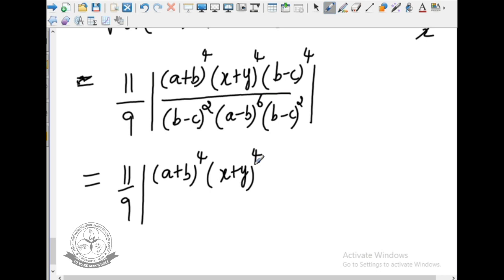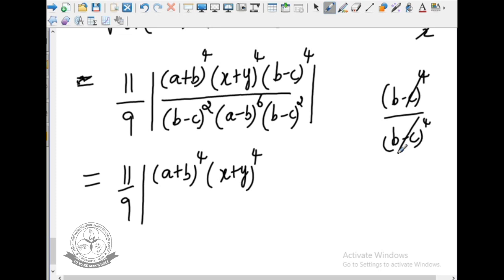Next, (b minus c). You have to see this very carefully, because in the denominator you have (b minus c) whole square, and another (b minus c) whole square. If you are having both in the denominator, these two are multiplied, so you add the powers and get (b minus c) whole power 4 in the denominator, and in the numerator also (b minus c) whole power 4. So the powers 4 minus 4 cancel, or we can subtract the powers of numerator and denominator, right?